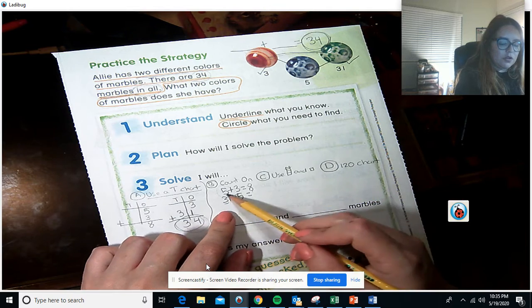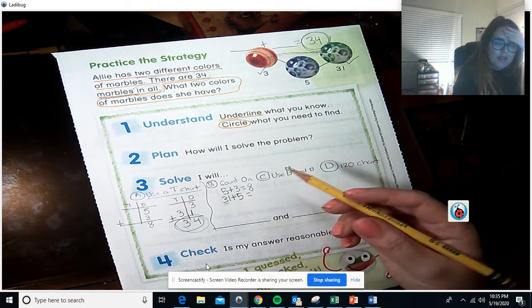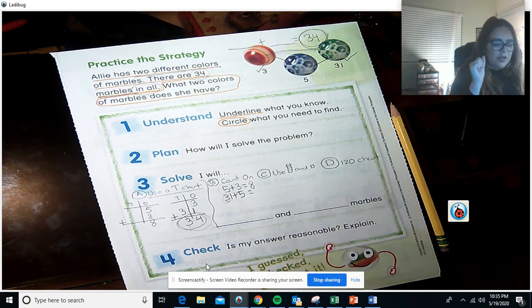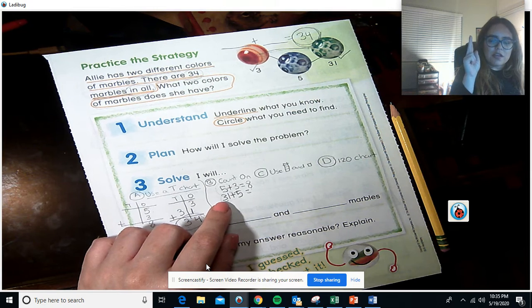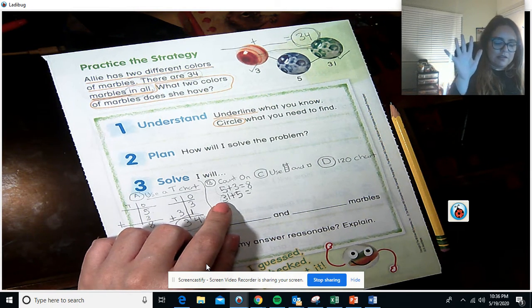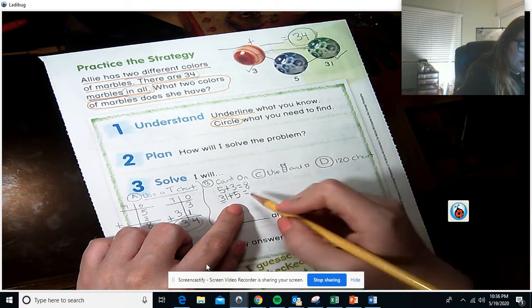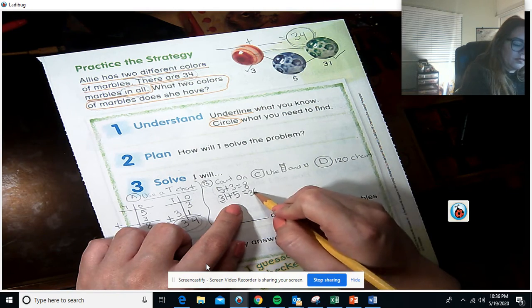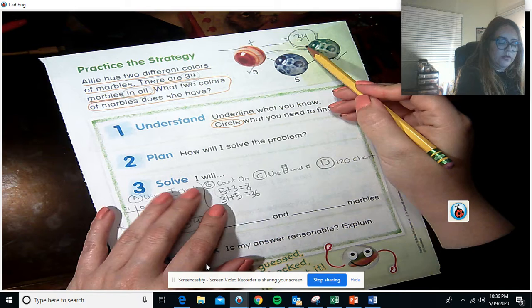So I'm going to put 31 in my head. That's a bigger number. That one stays in my head. And then I'm going to add 5 more. So 31, 32, 33, 34, 35, 36. So 31 plus 5 equals 36. Ah, that's not right. I wanted 34, so I know that doesn't work.